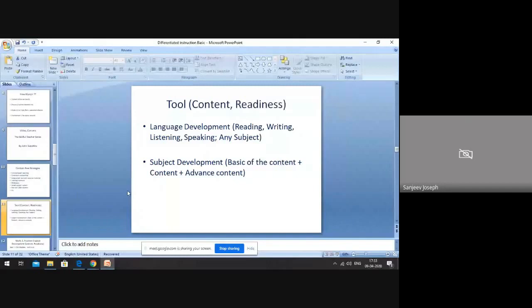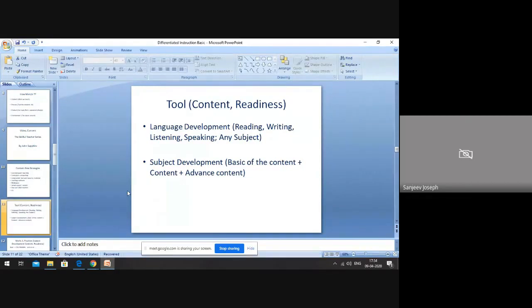Now, as I was telling you, what we are discussing today is the very basics of differentiated instruction. I have taken a tool for content based on the readiness of the children, that is how much they know and where they have to progress. When we do that, I always feel that language development is needed, because we all use our mother tongue at home, and most of our schools are English medium schools, but they don't use that language at home.